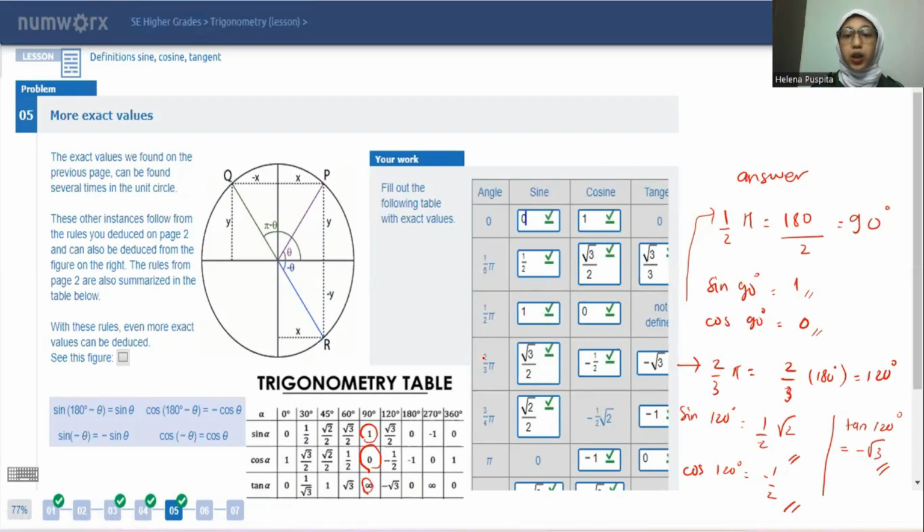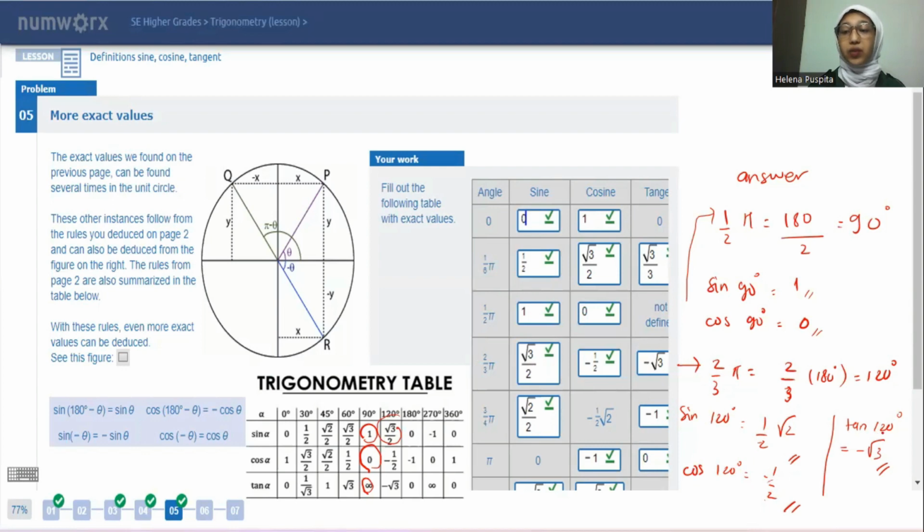And then angle 2 over 3 π equals 2 times 180 degrees over 3 equals 120 degrees. So sine 120 degrees is square root 3 over 2. And then cos 120 degrees equals minus 1 over 2.